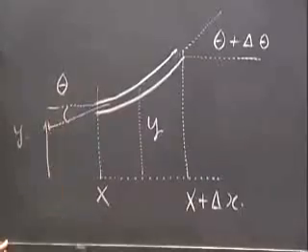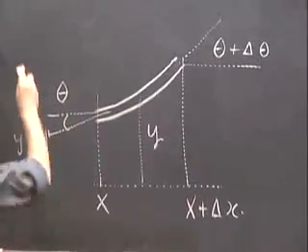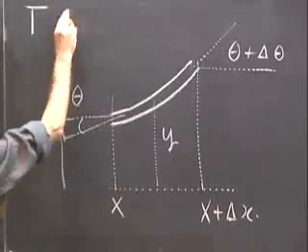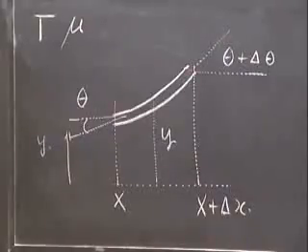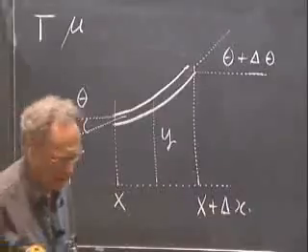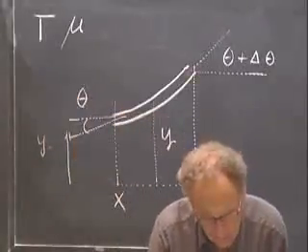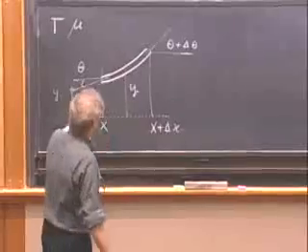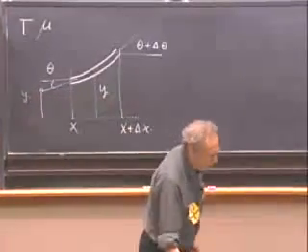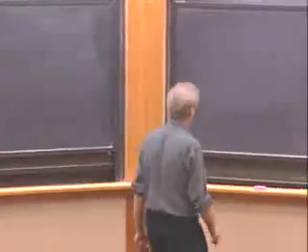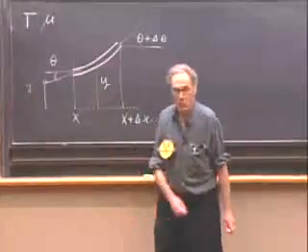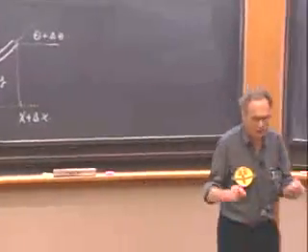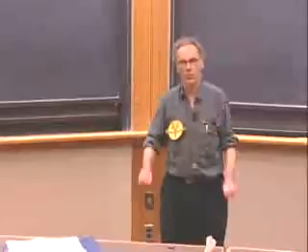And I call this angle theta. We have a tension T on the line, and mu is the mass per unit length. So you tell me what the mass per 1 meter is, and I know what mu is. Well, if our displacements are not absurdly high, then we can make the same assumption that we made with the beaded string, that the tension is the same on both sides.